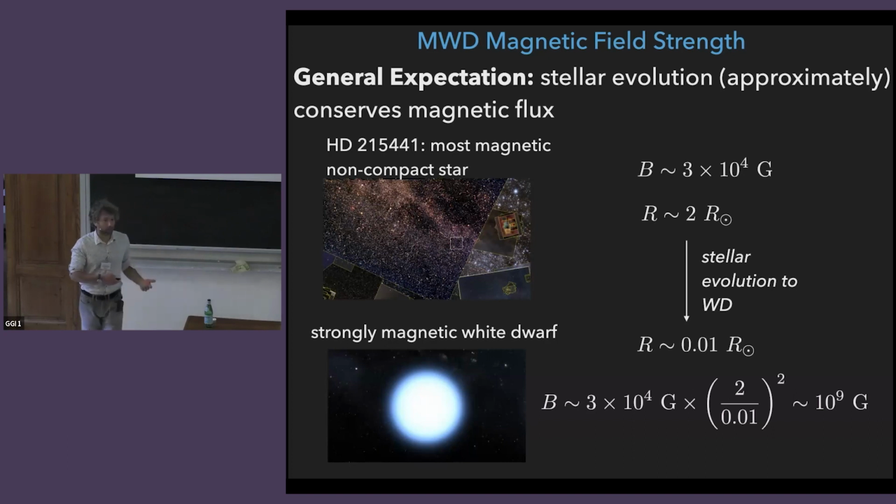And that's actually what we observe when we look at the most strongly magnetized magnetic white dwarfs. Of course, there are also stars like our sun, which have much smaller magnetic fields. So it's not that we expect every white dwarf to have a magnetic field of 10 to the 9 Gauss. Some of them will essentially have no magnetic field or very small magnetic fields, but some of them will have large magnetic fields. And those are what are called magnetic white dwarfs, not just a white dwarf.